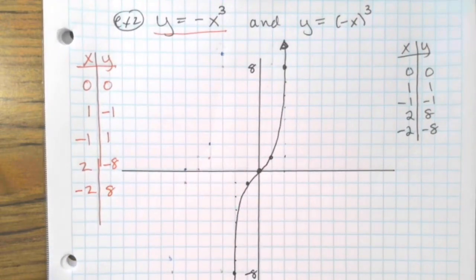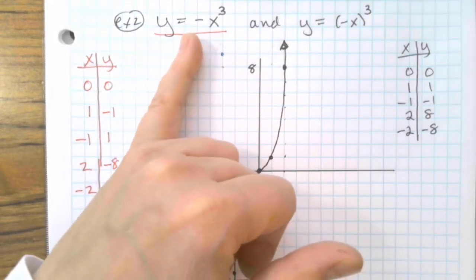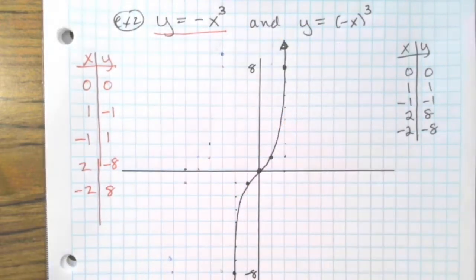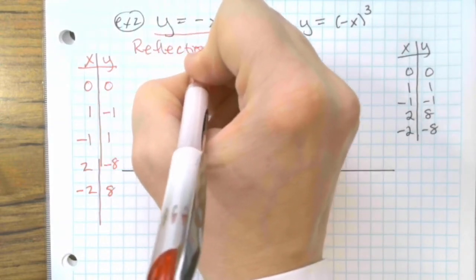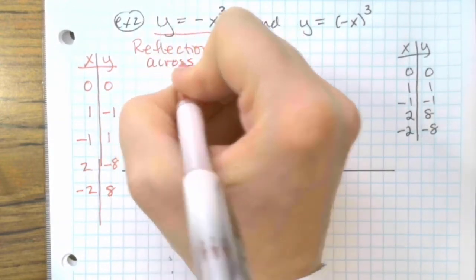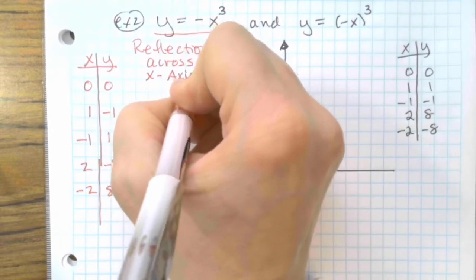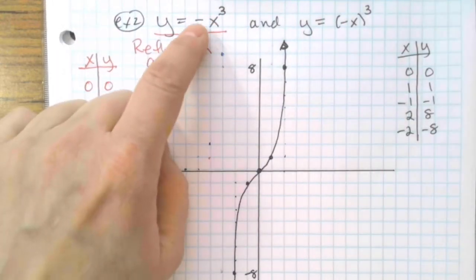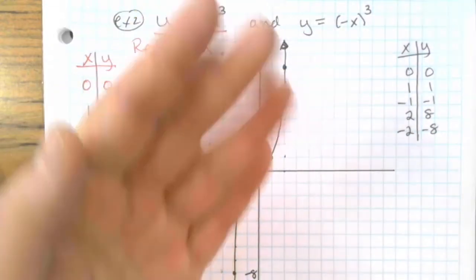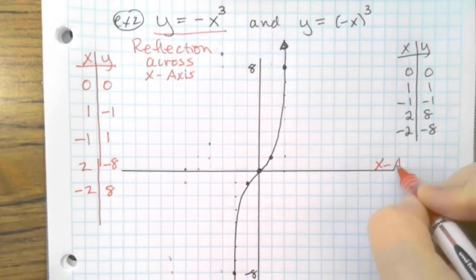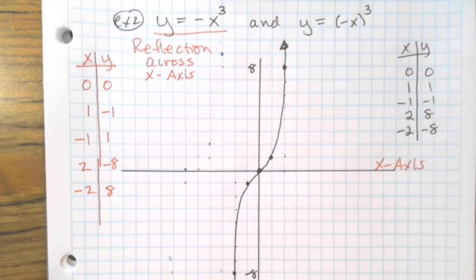Now, to describe what this is, with the negative outside of the equation, not with the x, this is a reflection across the x-axis. I always think of it as if it's outside, the y's are changing. They're flipping from top to bottom and bottom to top, so obviously they're going across the x-axis.